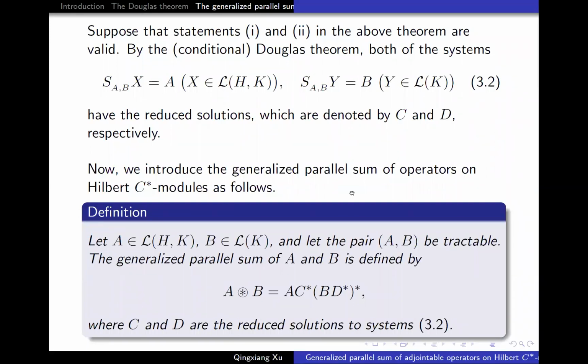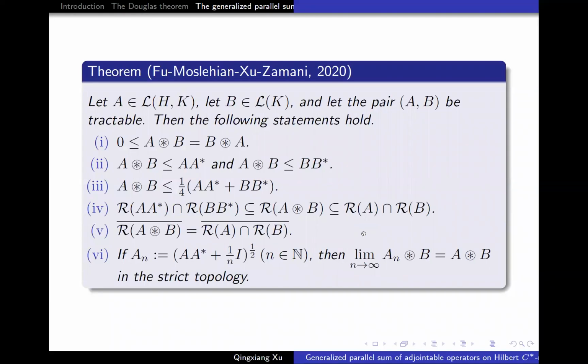Okay, with the introduction of the generalized parallel sum, now we have some properties that are very similar to that of the parallel sum. I list six properties.